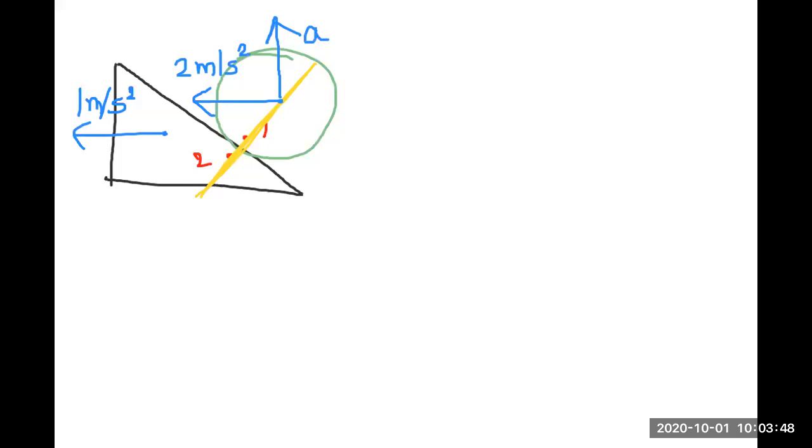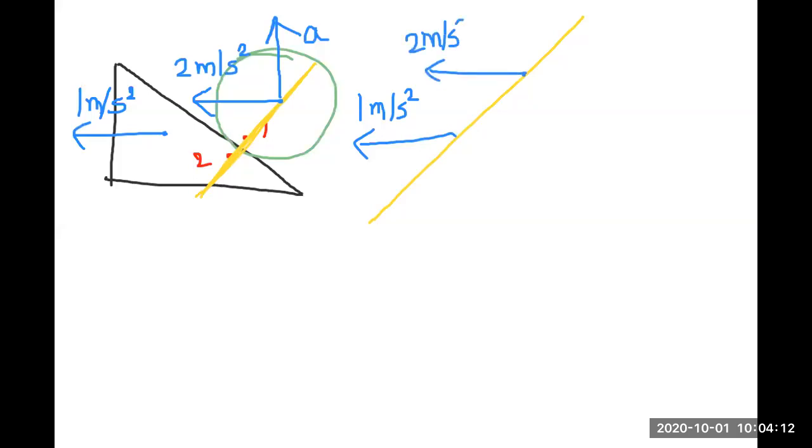Now look at this. This is the line along which the acceleration must be the same. The wedge, the inclined plane, has an acceleration of 1 meter per second square in this direction, and the sphere has an acceleration of 2 meter per second square and a in this direction.